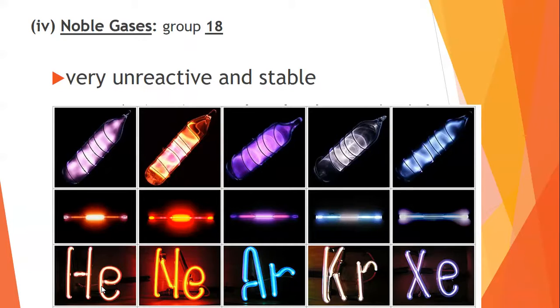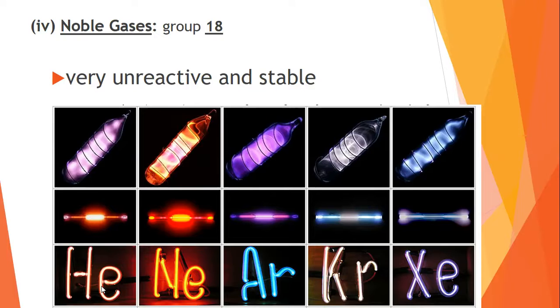And the noble gases are extremely unreactive and very, very stable. And again, when we look more at the makeup of the atom and we take a look at the subatomic particles in each atom, you will understand more why these particular families and the elements within them share certain characteristics. Okay, so we'll look more at that in the next lecture.